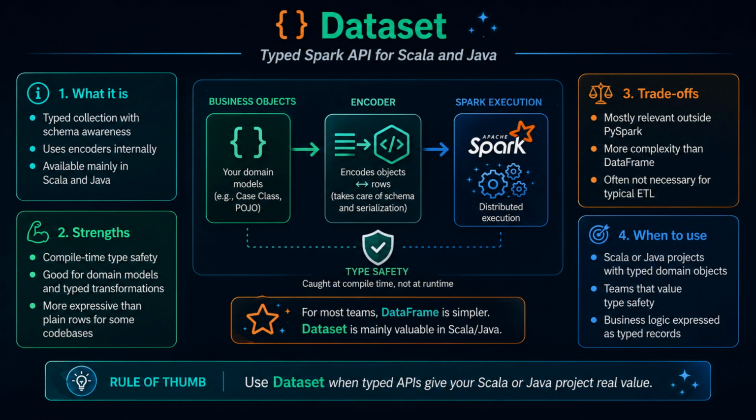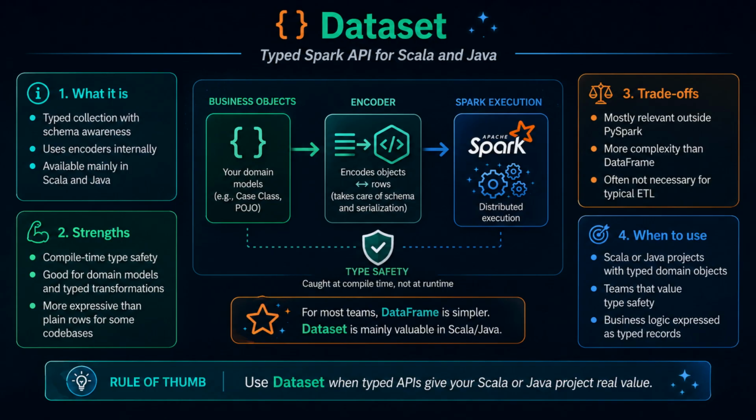However, there are trade-offs. Dataset is mostly relevant outside PySpark. In Python, DataFrames are the standard API. Dataset can also introduce more complexity than a normal DataFrame. And for typical ETL workloads, the extra type safety may not be necessary. That is why the slide says, for most teams, DataFrame is simpler.